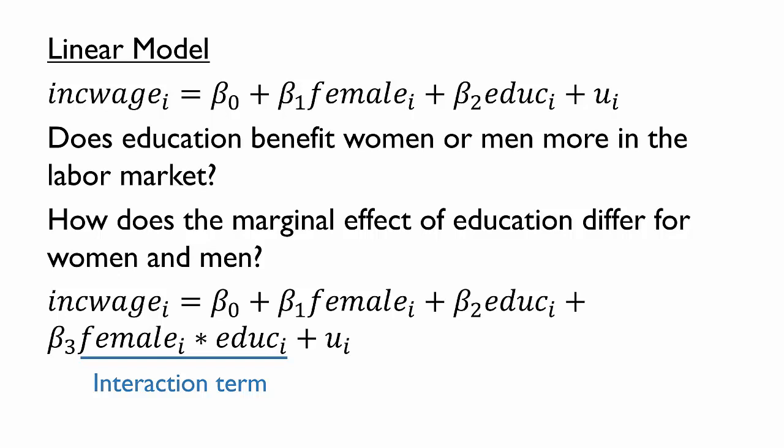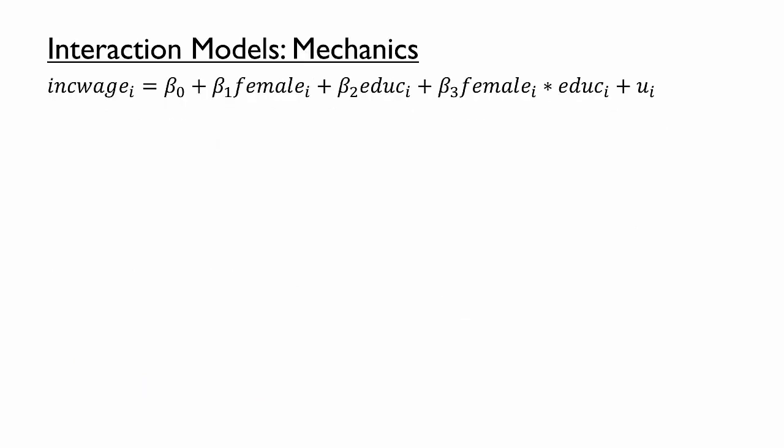Let's explore the mechanics of this new interaction model. To estimate such a model using statistical software, we will generally need to create a new variable in the dataset equal to the product of the two variables of interest. Here we use an underscore in the new variable name to indicate that we are multiplying together the female and education variables.